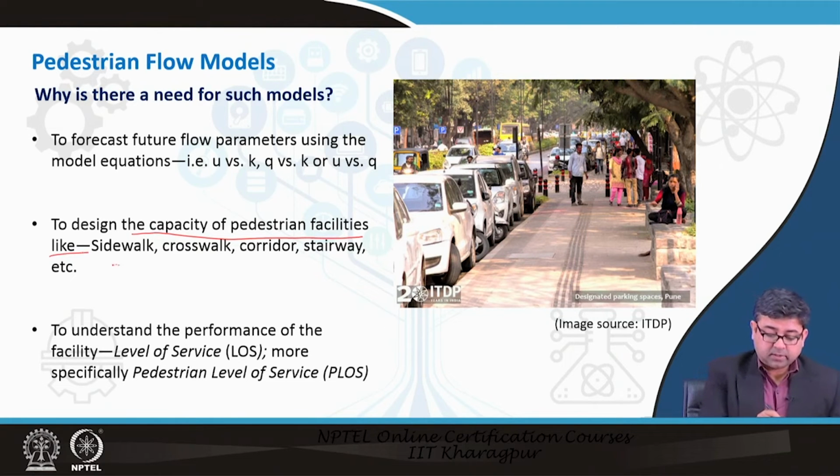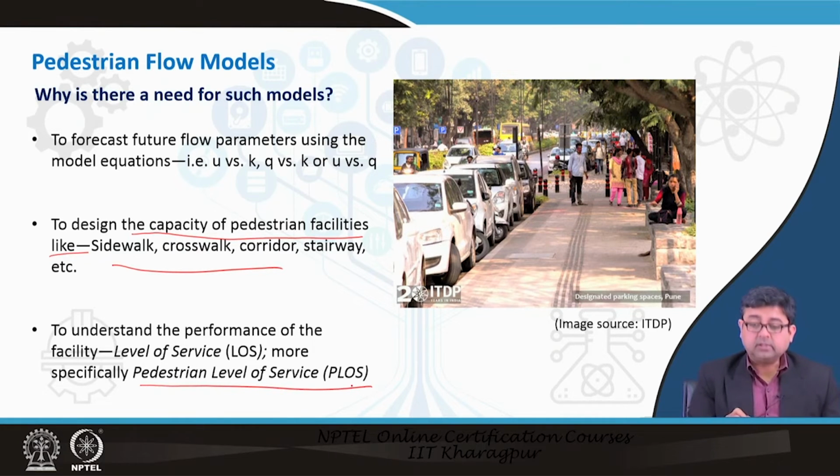That eventually affects what is called the pedestrian level of service, which we will get into in the next few lectures. It classifies how many pedestrians flow for a given width of a sidewalk, for example. One of the ways of measuring pedestrian level of service is to see how wide a facility you have and how many people are flowing through that facility.